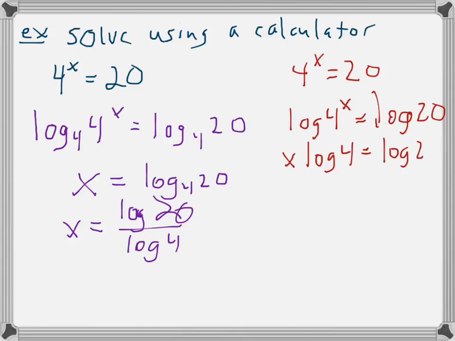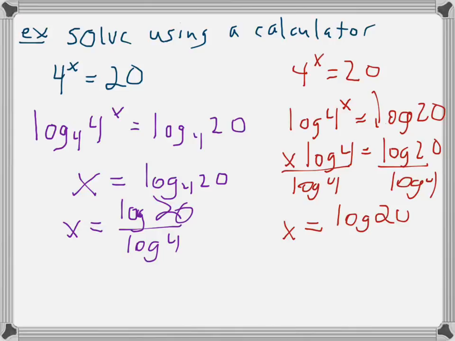So I have x times log 4 equals log 20. Now if I divide each side by the log of 4, I get exactly what I had there on the left side. So it's actually a way of deriving the change of base formula.